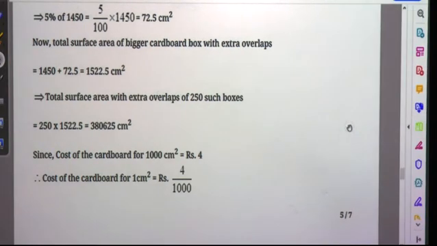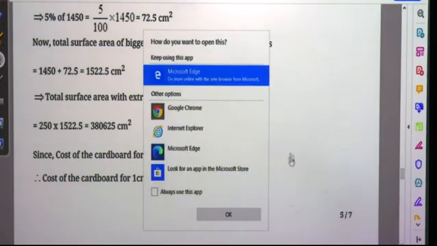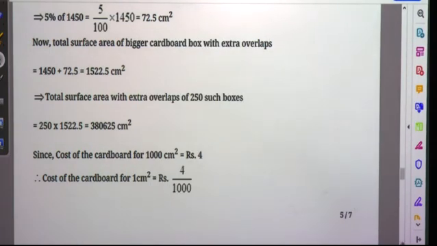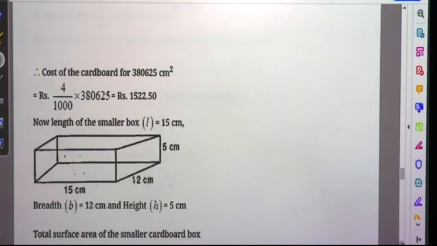Proceeding further, cost of the cardboard for 380,625 centimeter square is equal to 4 upon 1000 into 380,625.